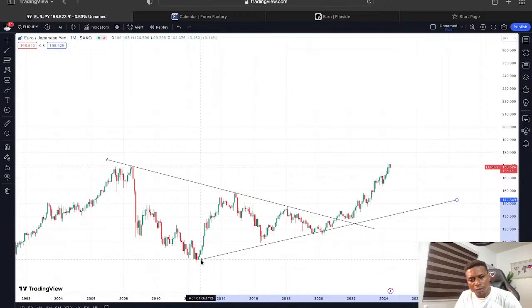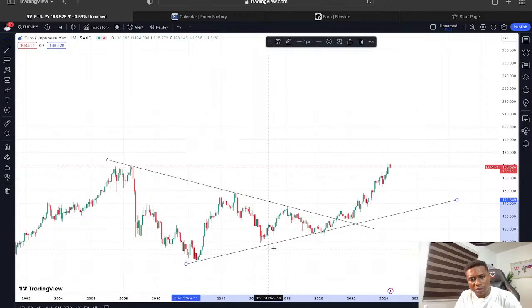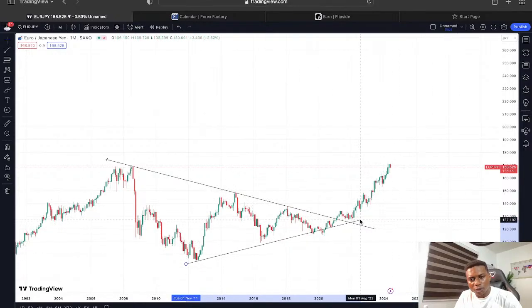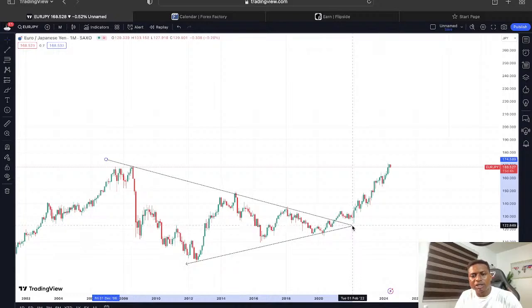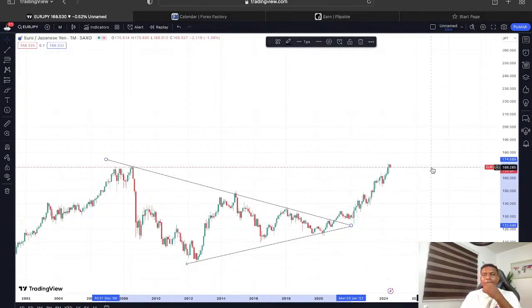Okay, so I think the higher time frame, which was the monthly time frame, was giving a symmetric triangle. Yeah, and a symmetric triangle does not have a defined direction. A symmetric triangle is different from an ascending triangle and a descending triangle.